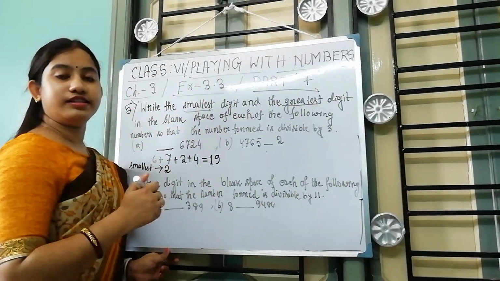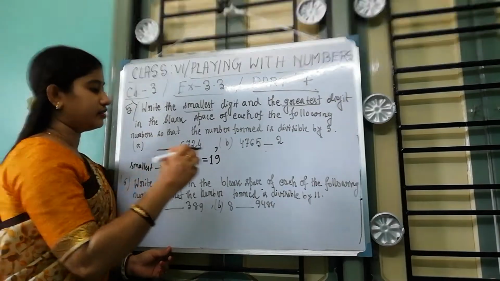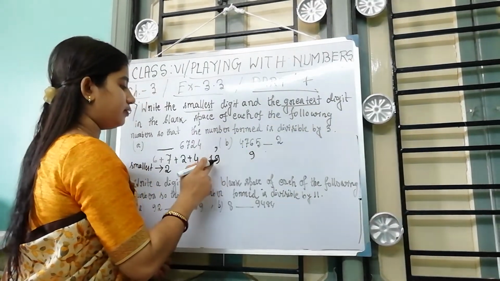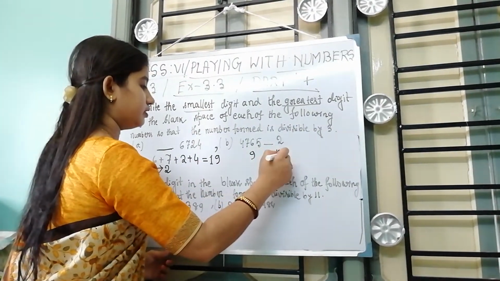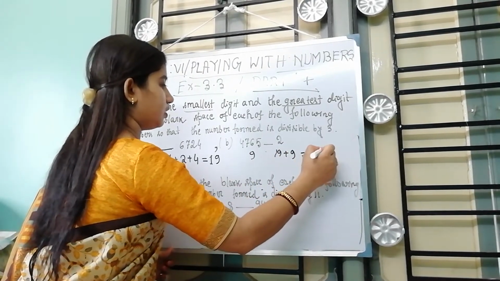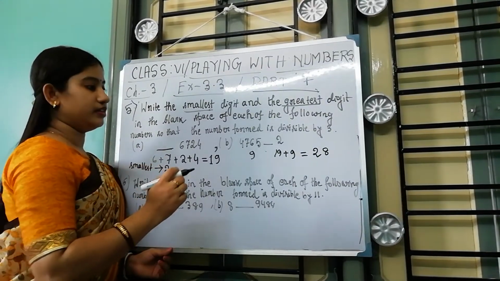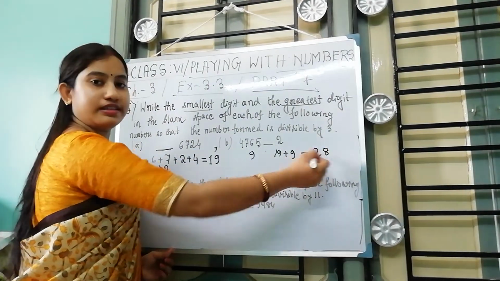The greatest one-digit number is 9. If we add 19 with 9, then we get 28. But 28 is not divisible by 3. So we decrease this number.